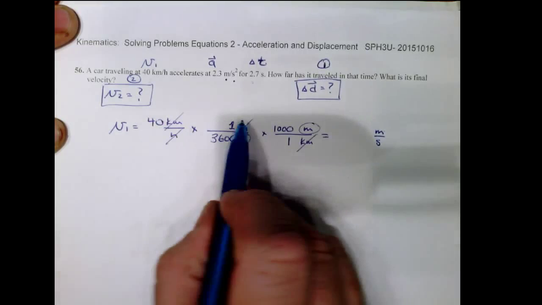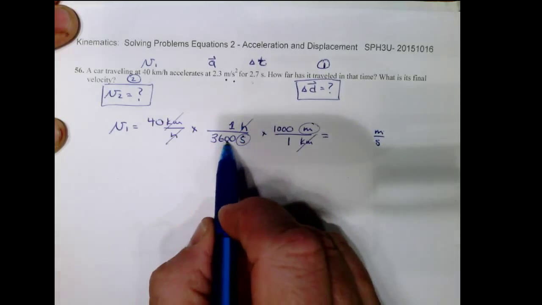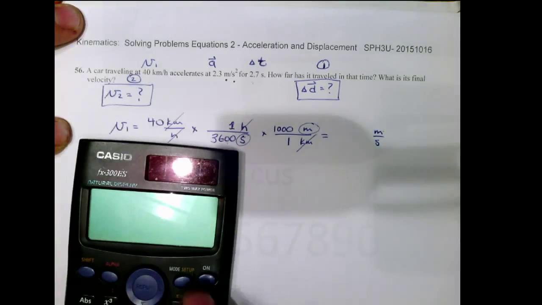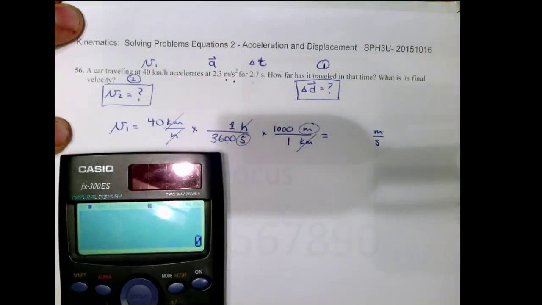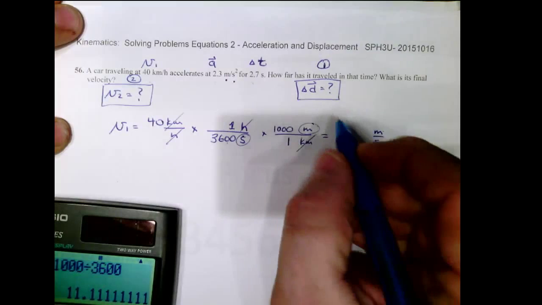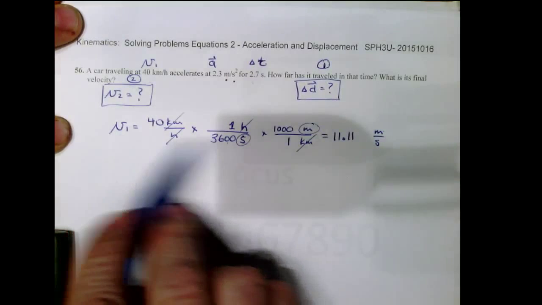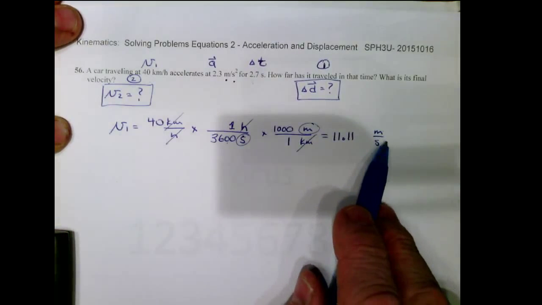You're going to do 40 times 1,000 divided by 3,600. So let's get out the calculator. 40 times 1,000 divided by 3,600 is 11.11 meters per second. So the initial velocity is 11.11 in terms of meters per second.